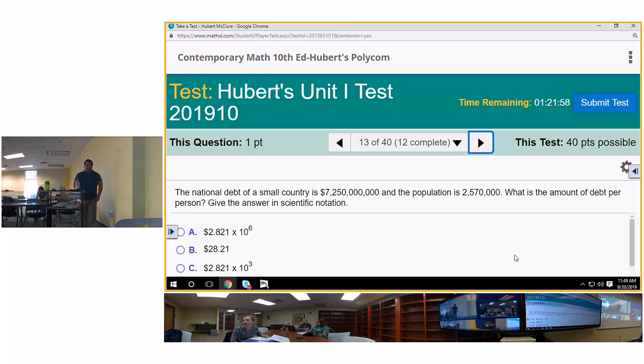The national debt of a small country is $7,250,000,000, and the population is 2,570,000. What is the amount per, what did we say per was? Over. Meaning fraction bar. Now let me ask y'all a question. If I had $100 in my pocket and I wanted to give it to all my students in Math 155, how much would each student get?